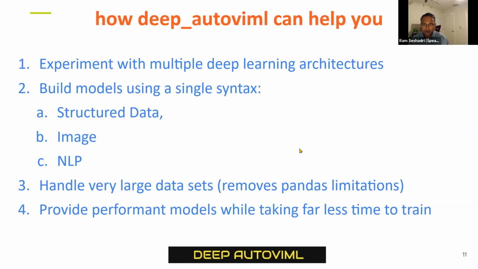I don't see the benefit for a strong developer to use this particular one. I would like to disagree, because I tend to use Deep AutoViML just to get a baseline model.